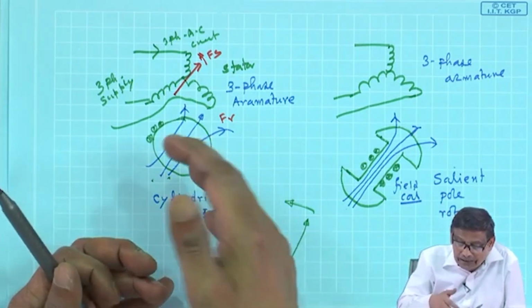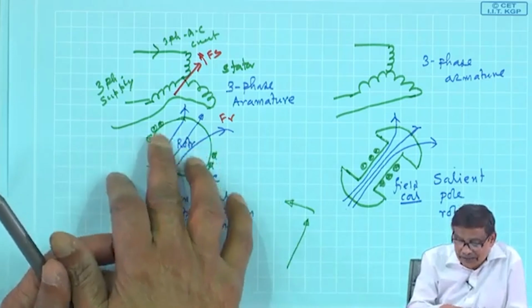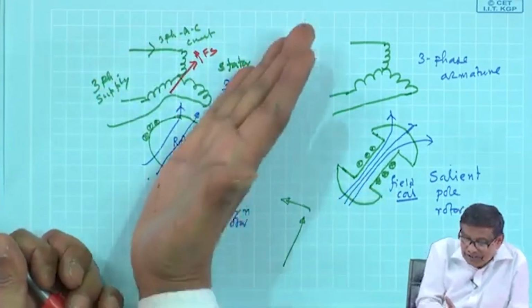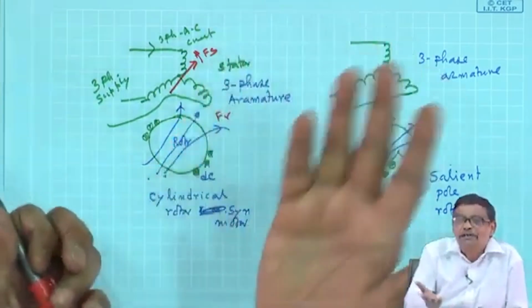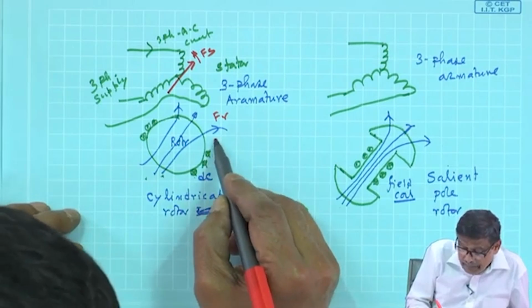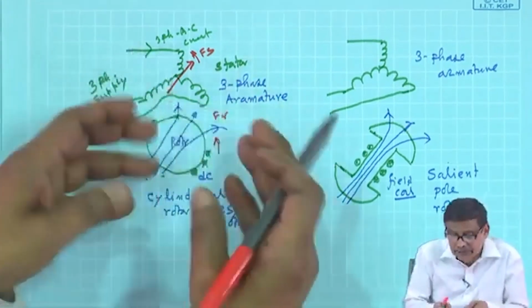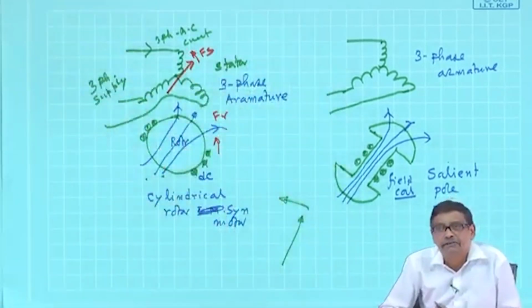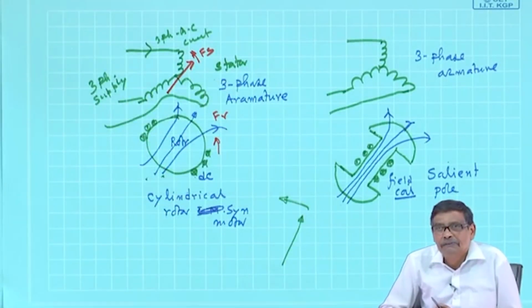But merely by passing a DC current on this coil, it is not going to run. A constant field will be produced, it will remain fixed. Of course, if I make it run, this will also behave like a rotating magnetic field, is it?